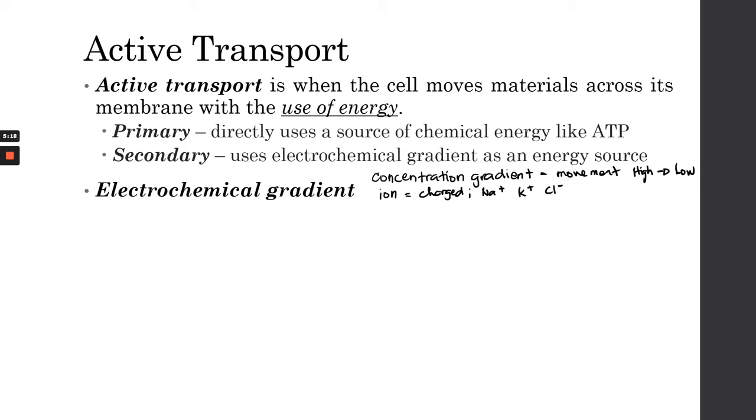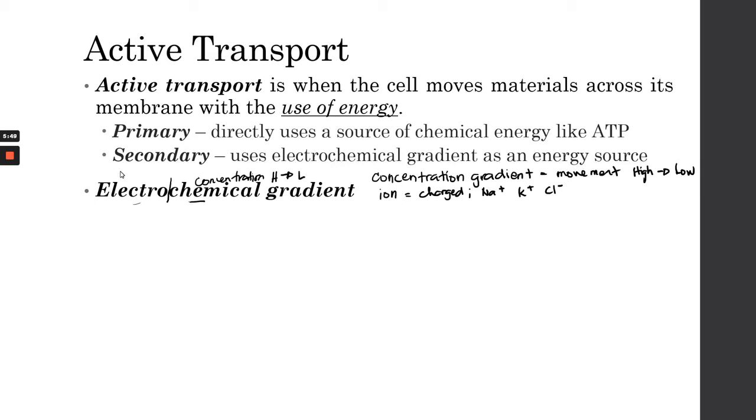Because there are charged particles inside our body, there are two types of gradient working on the membrane: not only a concentration gradient, but an electrostatic gradient. So an electrochemical gradient is basically a combination of two gradients. The chemical gradient is the concentration gradient, wherein we move molecules from high to low.